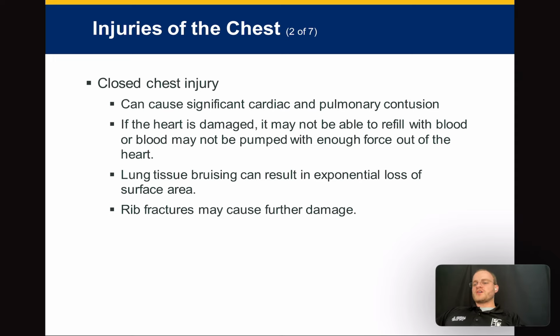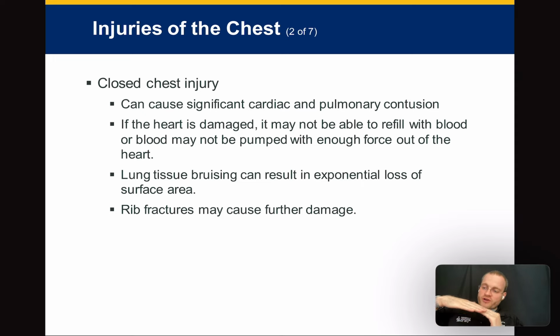Rib fractures may cause further damage, and you can imagine, we're from Texas, you've all seen a beef or a pig rib, right? Pork ribs, delicious. Imagine breaking those, right? They're sharp. When you break a bone, what's the sound of two bones rubbing together? What's the medical word for that? The sound and sensation. It's called crepitus.